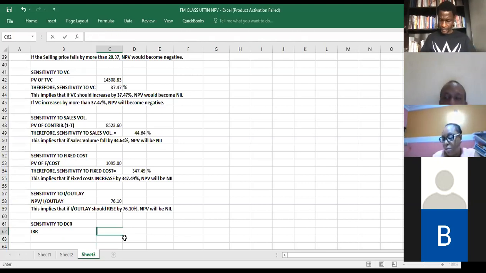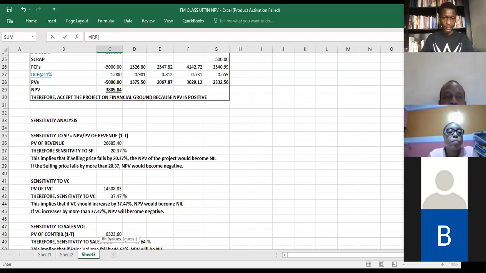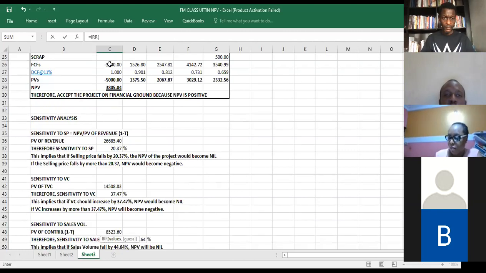So it is equal to IRR. Then I opened the bracket, and then I went to my free cash flows. Please don't be careless. It's the free cash flows, not the discounted, not the present values.